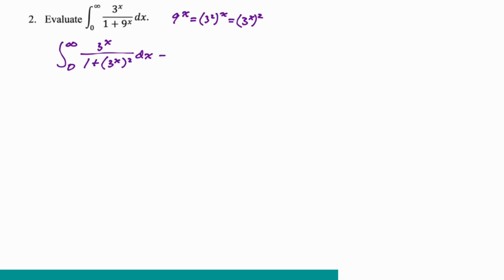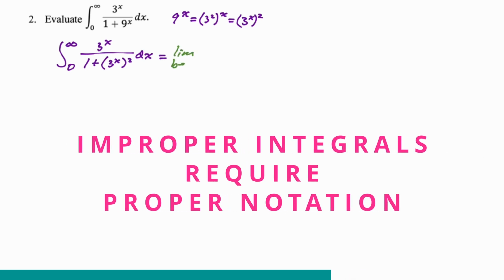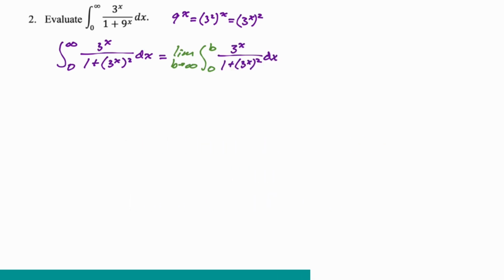First, notationally, we have to rewrite this thing as the limit as b approaches infinity, 0 to b, and then just our integral again. So as I previously said, this is going to be arctan, so there should be a natural log of 3 in the numerator, so 1 over natural log of 3, and then arctan of 3 to the x, and we're going from 0 to b.